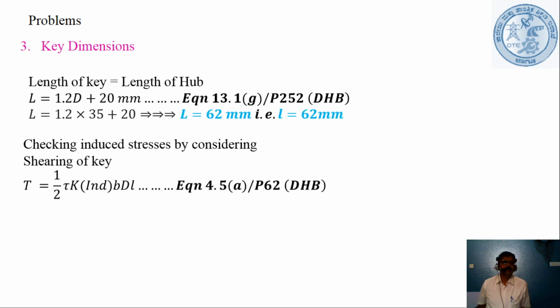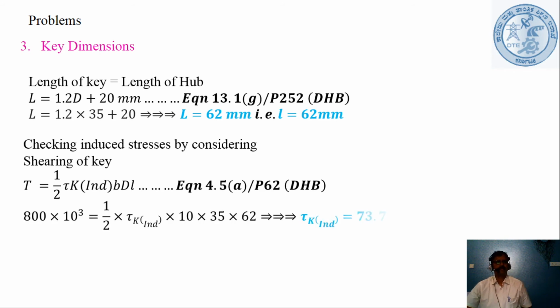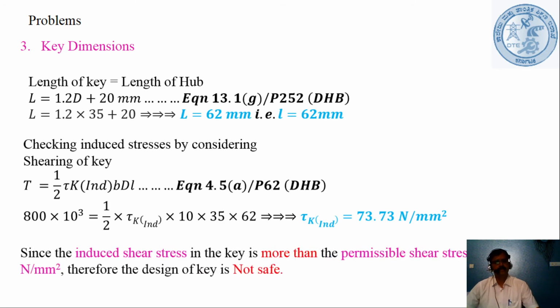The shearing strength of the key is T is equal to half into tau into b into d into L. Now substituting the values and calculating the induced shear stress in the key material, we get 73.73. Since the induced shear stress in the key is more than the permissible shear stress of 46 Newton per millimeter square, the design of the key is not safe here.